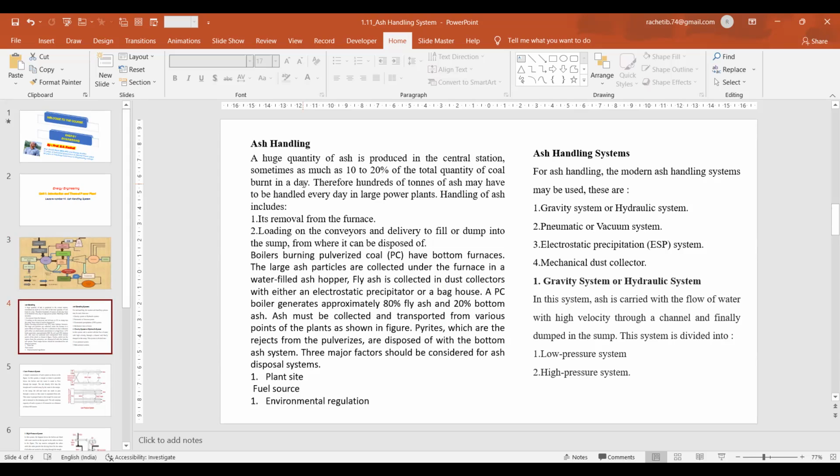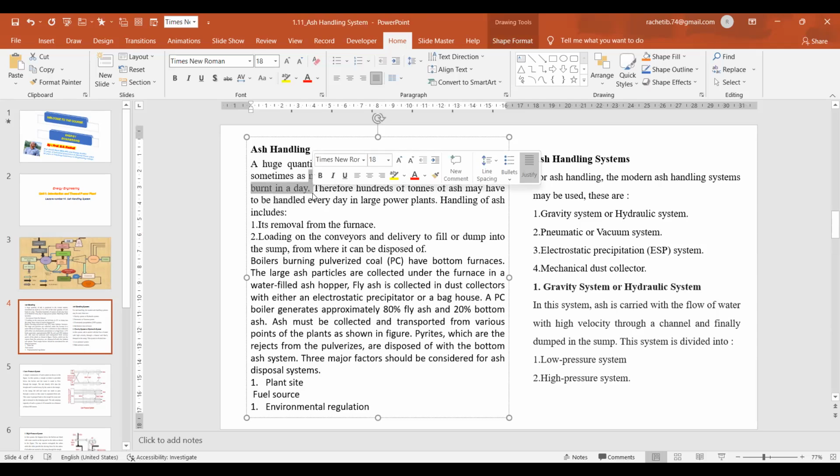If you take approximately 30% ash content, then it will be 3,000 tons of ash generated, and it is quite complicated and even health hazardous. But you have to remove this ash continuously in the thermal power plant.